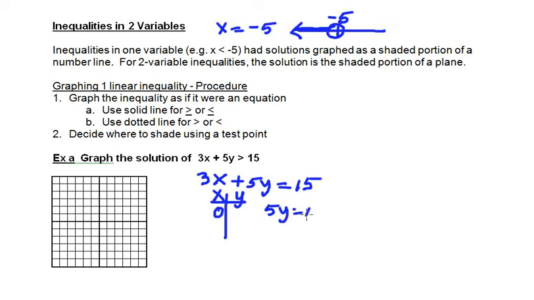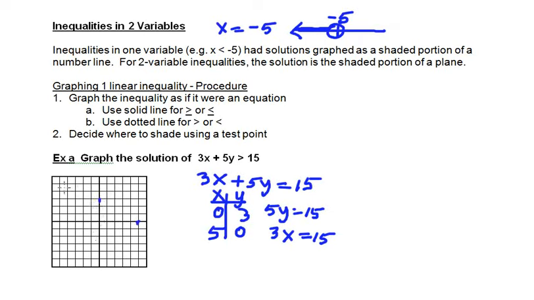And that gives us then that y is equal to 3. When I plot the other intercept, I let y equal 0. When I let y equal 0, I get 3x is equal to positive 15. And that gives me that then x is equal to 5.